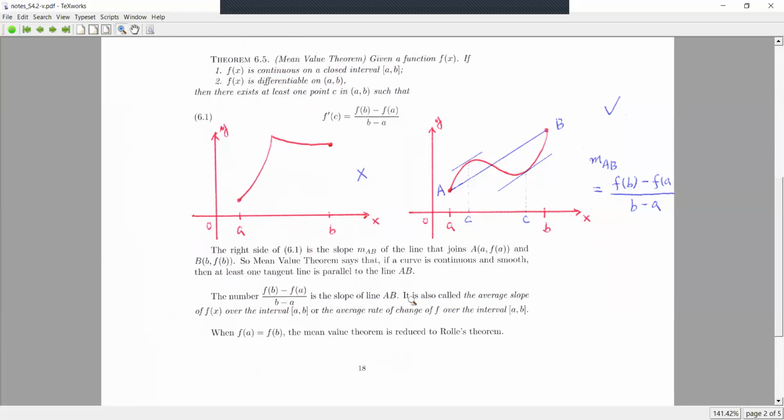The book also calls this number the average slope of the function over the interval AB. And the book also calls it the average rate of change of the function over the interval AB. These two terms mean this number.